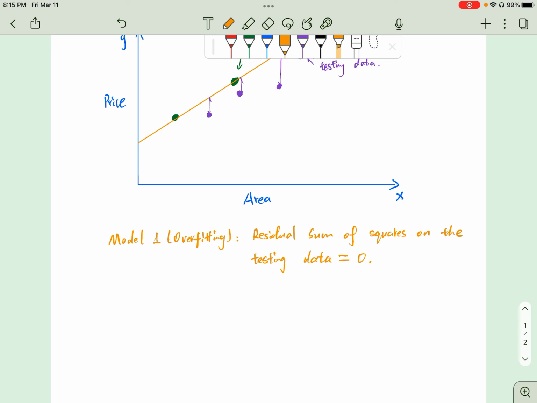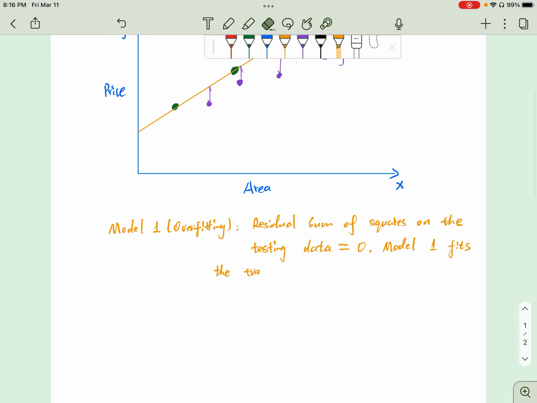And we see model 1 fits the training data. This one should be the training data here.